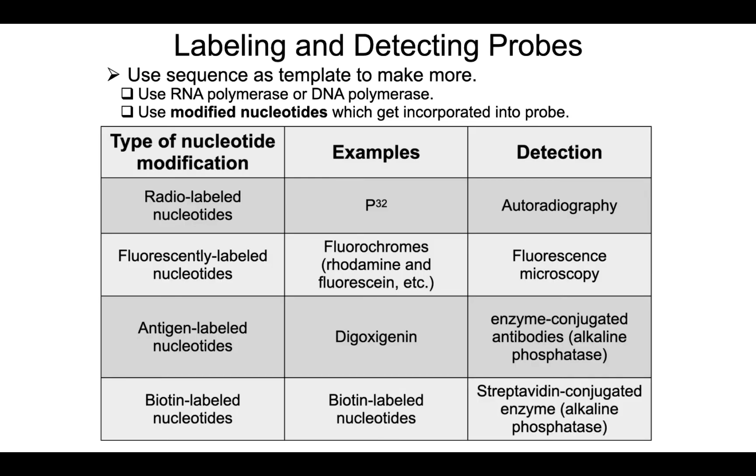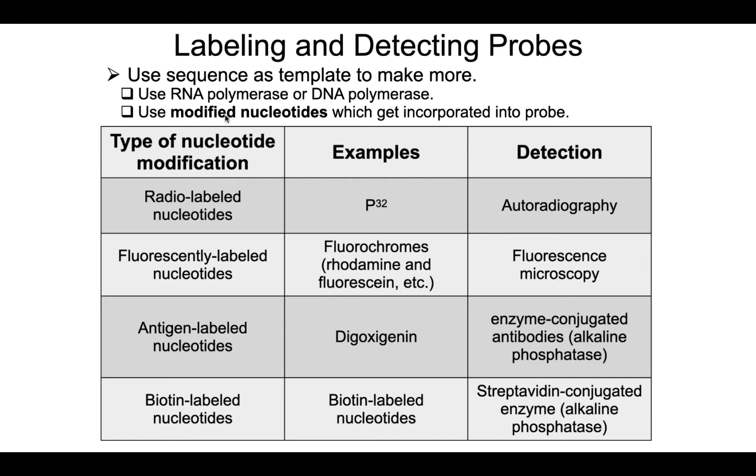And when we make that probe, we have to add some modification, something that we can detect. So the nucleotides that you use to make it are modified in some way.